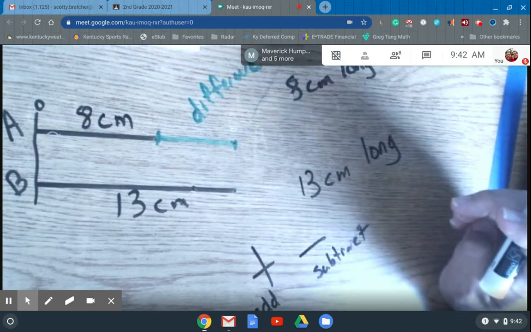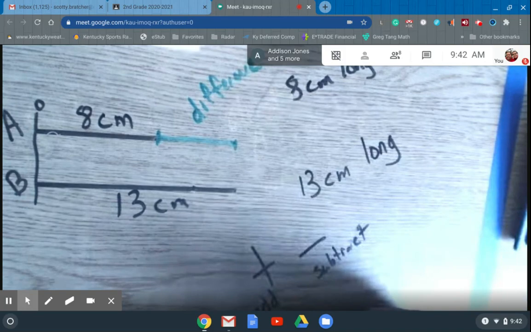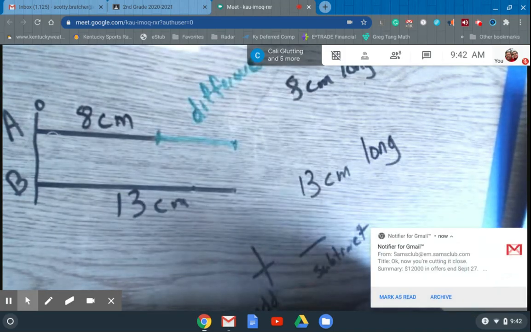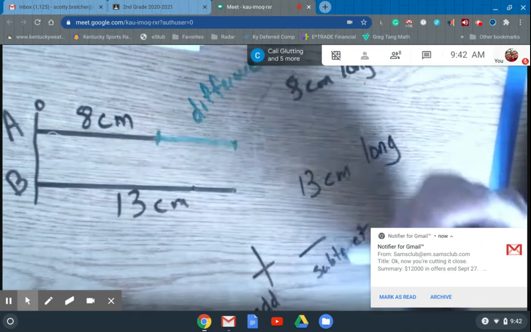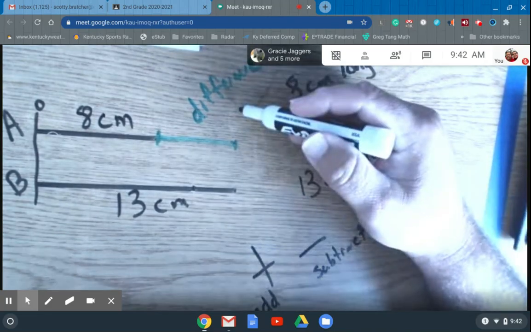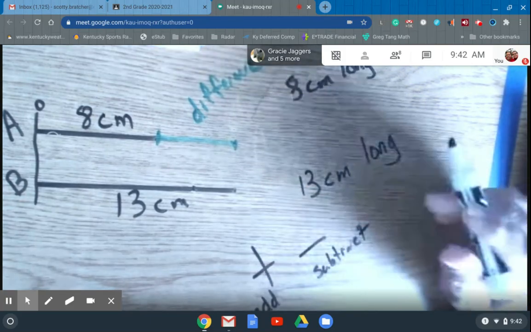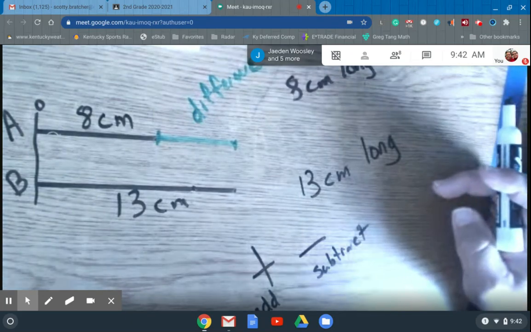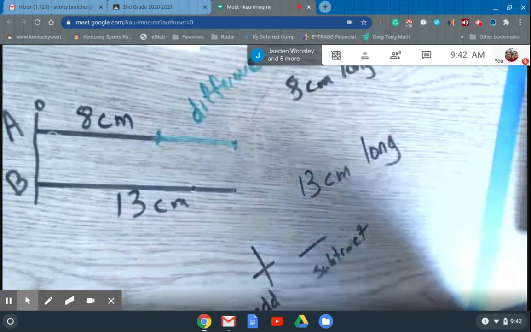Let's see. What do you think? Adding. If you think to get the difference, we're going to add, you're going to touch your nose. If you think you're going to subtract to get the difference, you're going to put your hand on your head. What do you think?